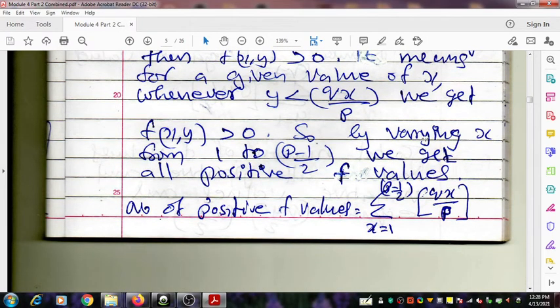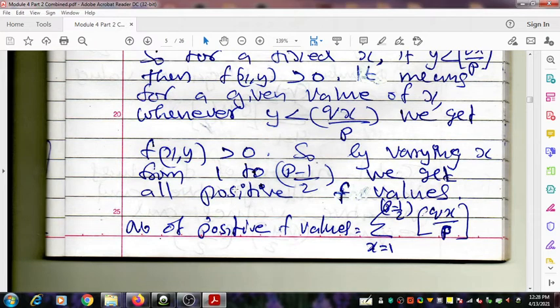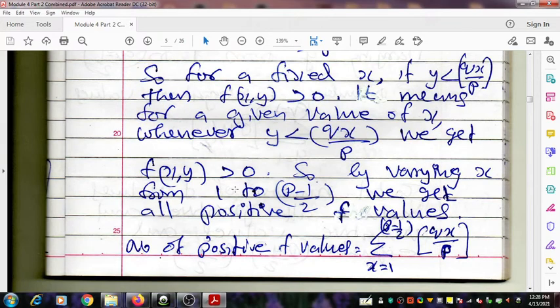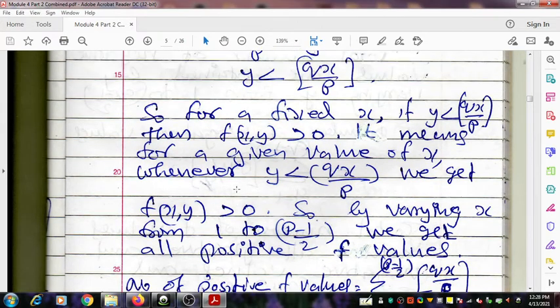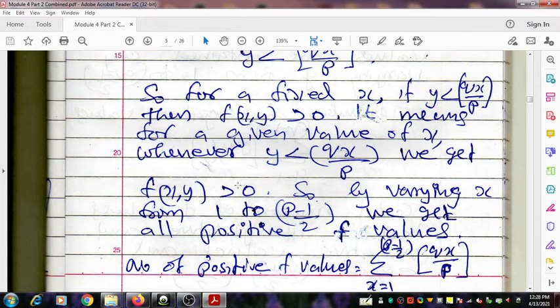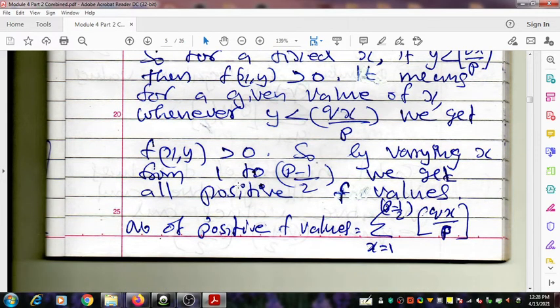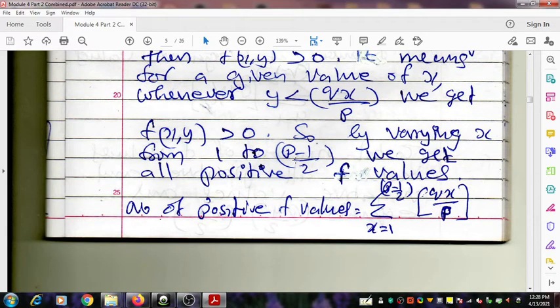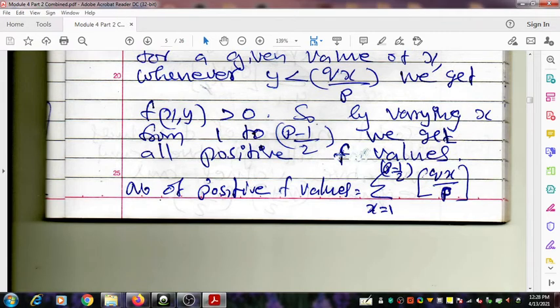And so by varying x from 1 up to p minus 1 by 2, then we get all positive f values.